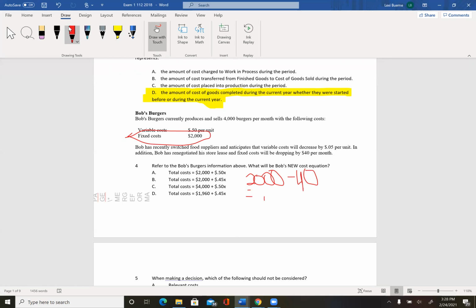So that's going to give you 1960. And then you also have to take the variable costs, which is originally 0.5, but then it decreased by 0.05. So that gives you 0.45. So the cost is going to end up being D, 1960 plus 0.5x.